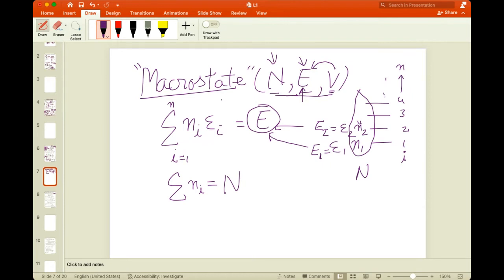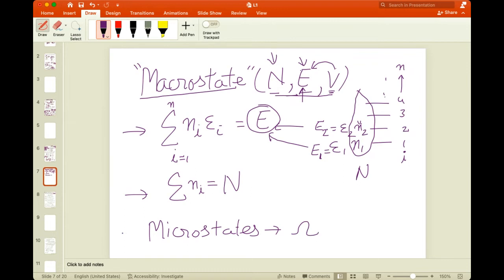Okay. Now, yesterday I also discussed that there are different possibilities or different ways to satisfy these constraints, and each such possibility is termed a microstate of my system. Okay. And we symbolized this number by omega.